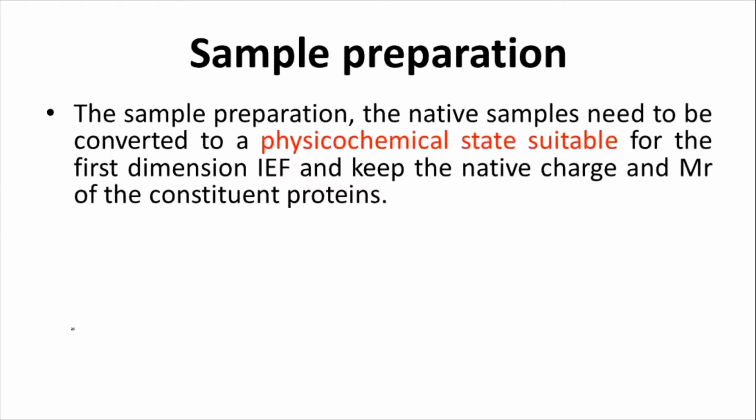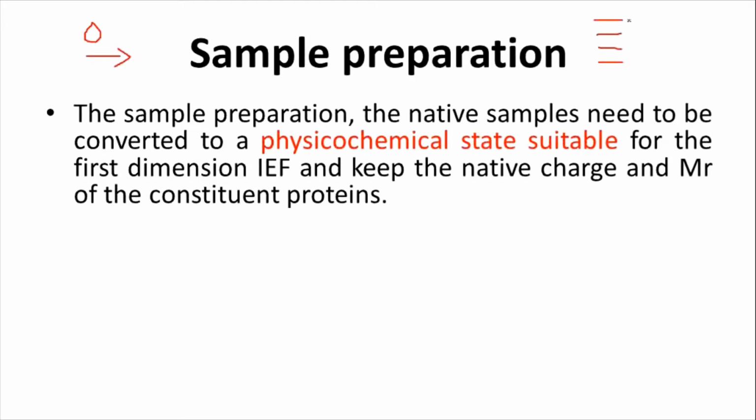Likewise, first we consider the sample preparation. Before you separate the sample, you try to know something about the sample, such as the purity of the sample, volume of the sample, nature of the sample, and size of the sample. This is more important.